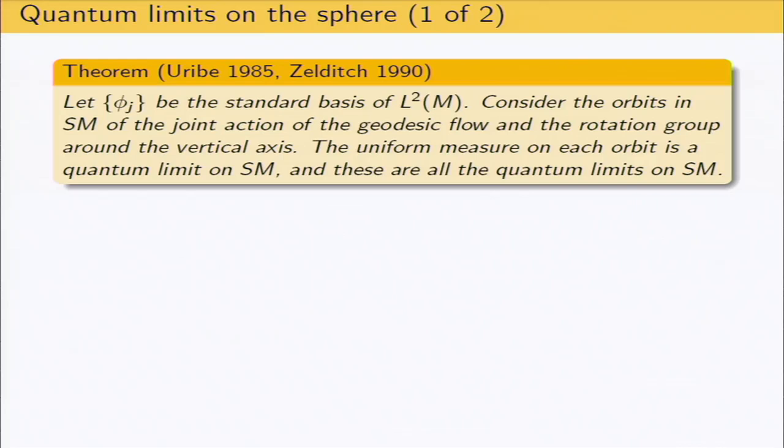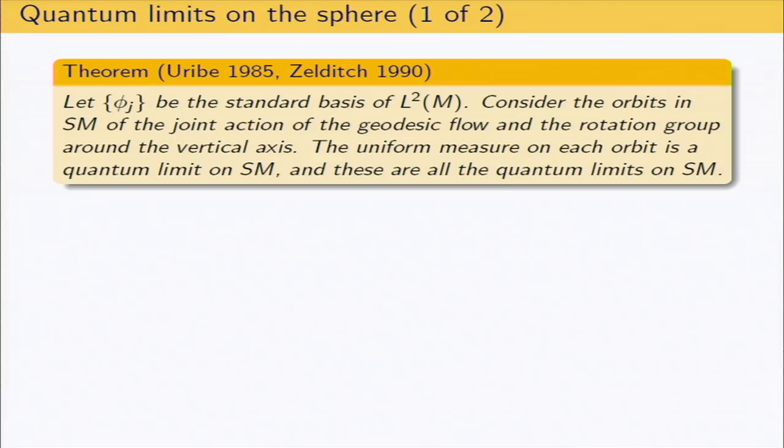But what happens is, if you look at the orbits in phase space of the joint action of the geodesic flow and this rotation, which is nothing but what I said, take a geodesic with its tangent vectors and rotate it around the vertical axis, then the uniform measure on each orbit, so typically such an orbit is a two-dimensional torus embedded in a three-dimensional phase space, the uniform measure on this orbit is a quantum limit, as I described, by always choosing at the right position from the different degree L standard harmonic spherical sequence.